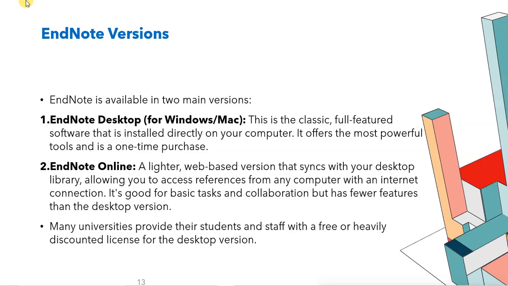EndNote Online is a lighter web-based version that syncs with your desktop library, allowing you to access references from any computer with an internet connection. It's good for basic tasks and collaboration, but has fewer features than the desktop version.